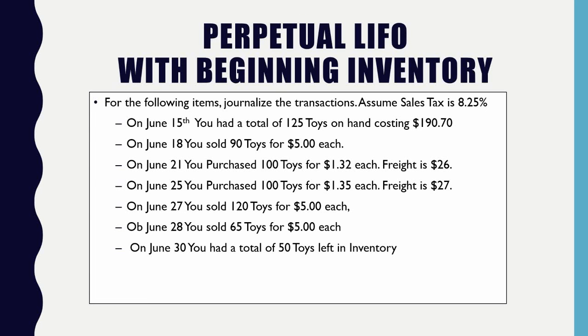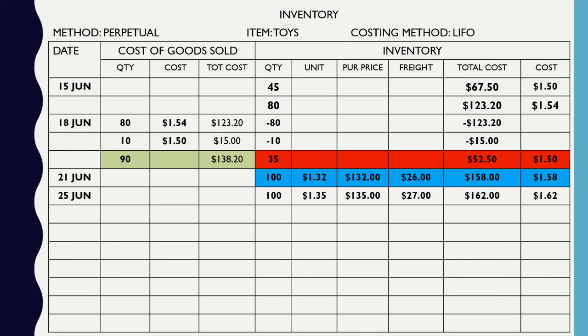Then, again, on the 25th of June, you made a purchase of 100 toys for $1.35. So here, I've already made my calculations. Okay, so my third and final batch is going to be $1.62, and I'm going to highlight it orange. Okay, so now that we have 3 batches, what is going to be our assumption when we start selling our items?